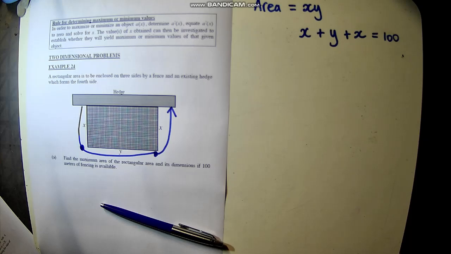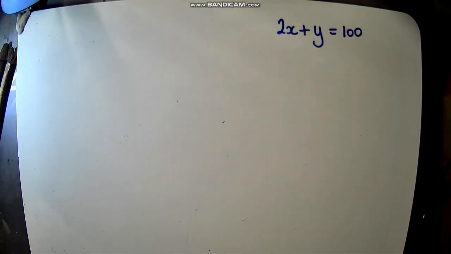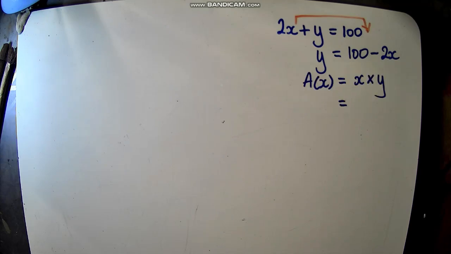Simplifying the maths, we get 2x plus y is equal to 100. Don't forget, we said that x times y was equal to the area also. Plus 2x will become minus 2x on the right hand side.